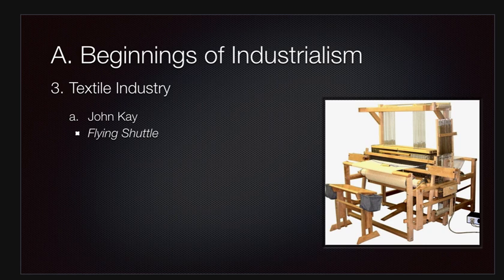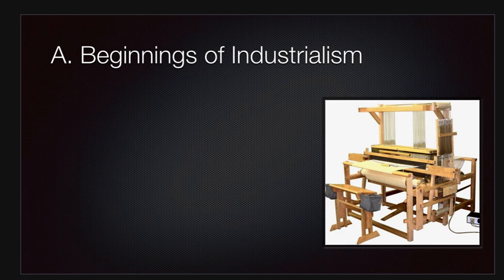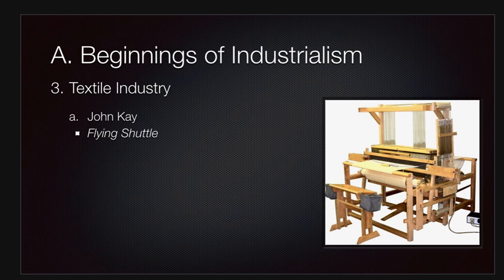Textile industry. Who's John Kay? So he made the flying shuttle, which is a machine that uses a wheel to weave, which was very important because before that there had to be like two people and they would throw something back and forth to weave.